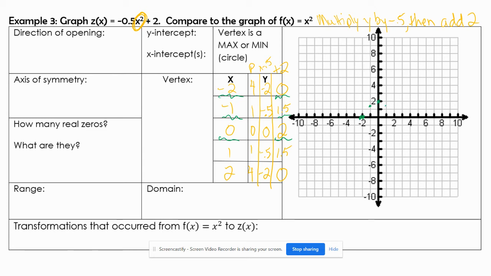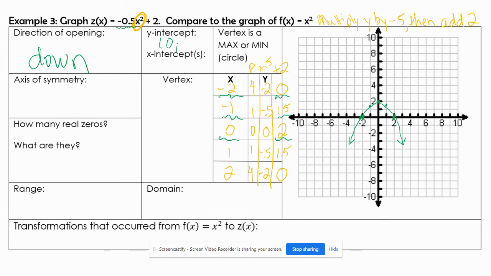And then we have 1, 1.5 and 2, 0. So here is our graph. This direction is opening down, and we would know this because of that negative in front of the 0.5.